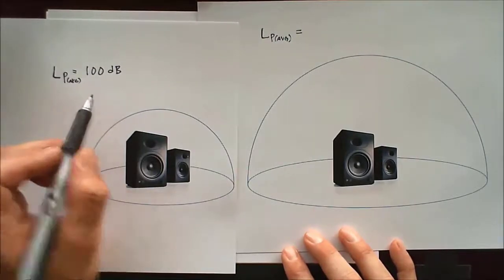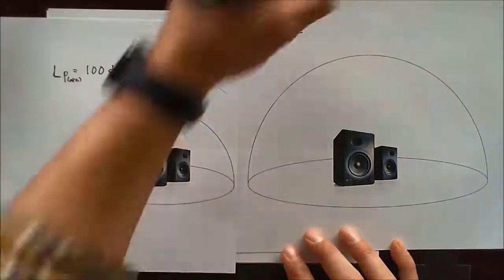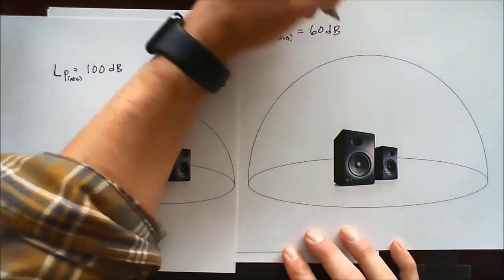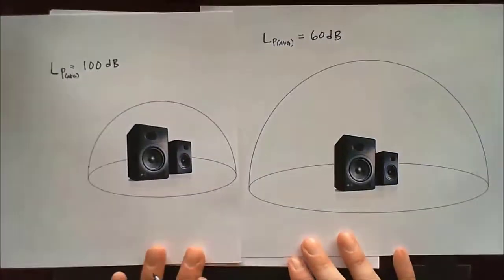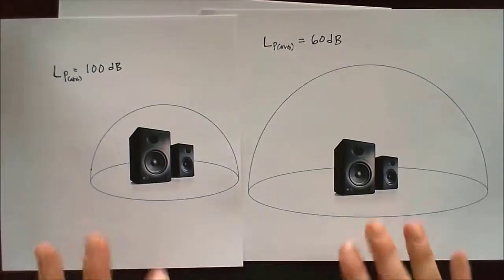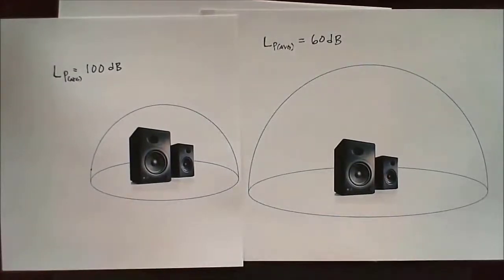Because we're measuring further away in this case. So let's say this is 60 dB. Again, just choosing some random nice round numbers for comparison. But we know that sound power is supposed to give us the same answer, right?